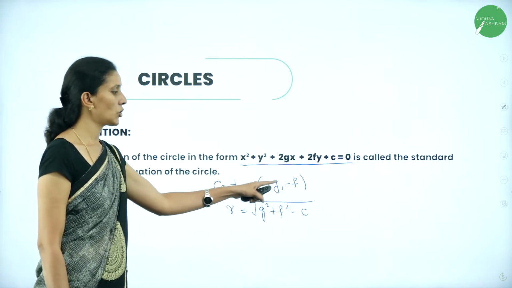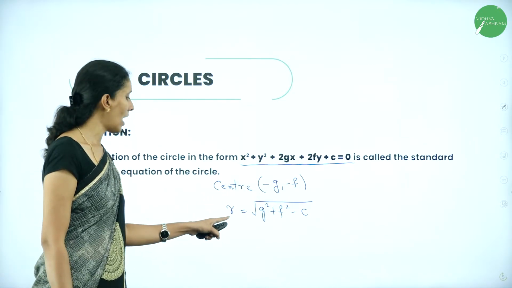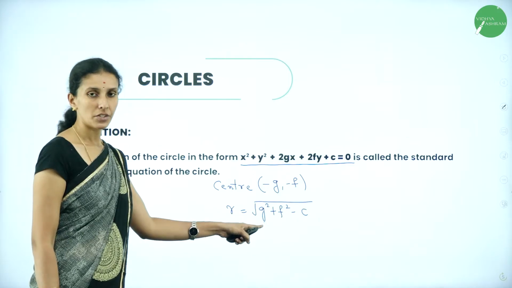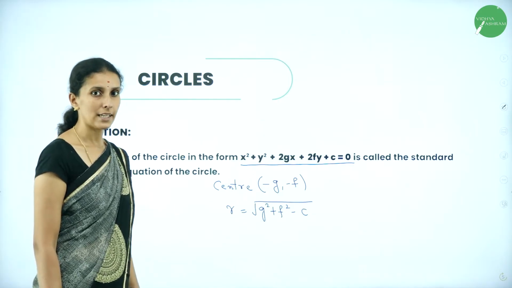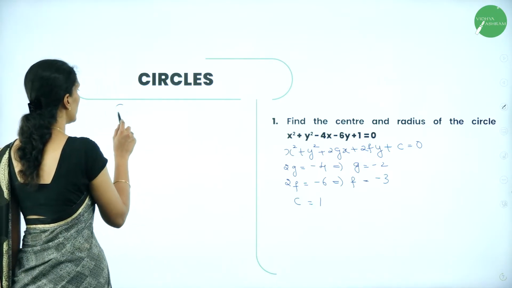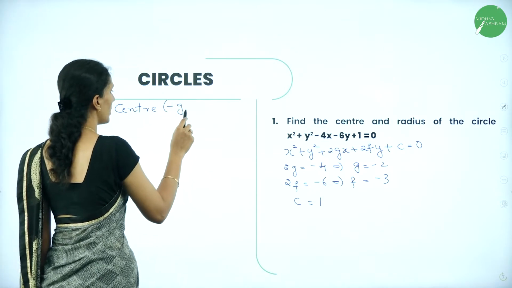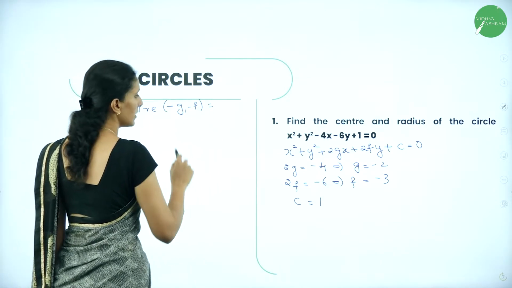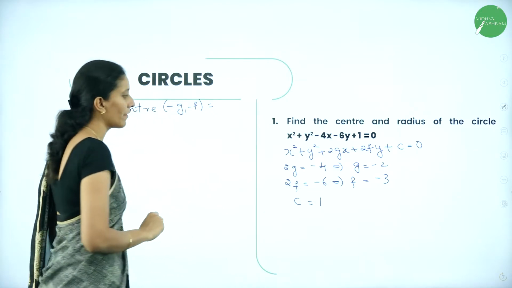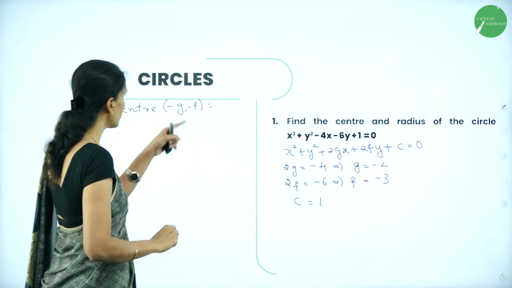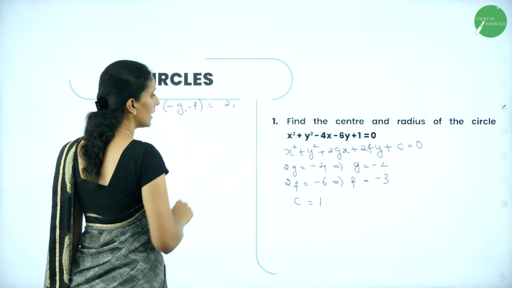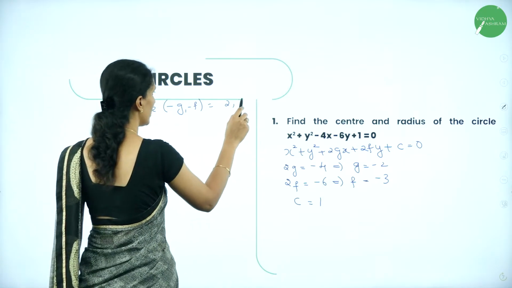It is (−g, −f), and r is the square root of g² + f² − c. So therefore the center is (−g, −f). That is equal to, so we have g = −2, minus of minus 2 is plus 2. Next f is −3, it is 3.